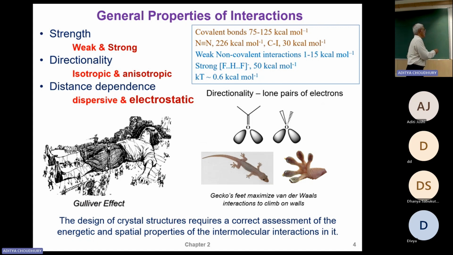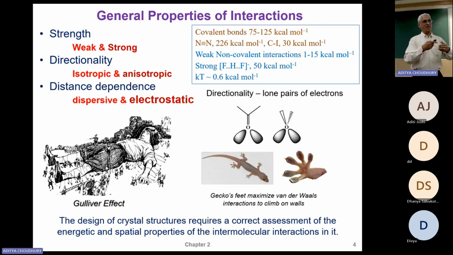So it has got advantages and disadvantages from the crystal engineering point of view. But you can't control it. Both have to be present. If you have very strong interactions present, then you have anisotropic directionality, so it forms in a certain direction. That will lead to the prediction of crystal structures.